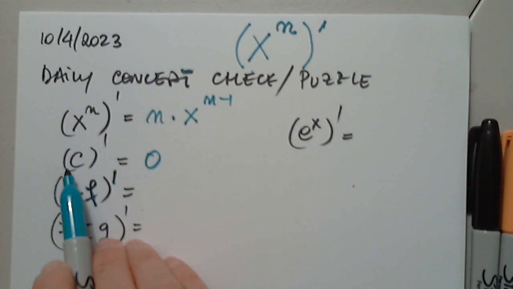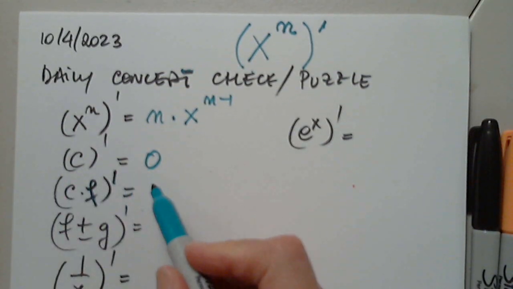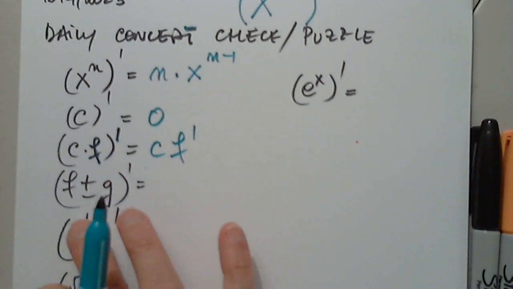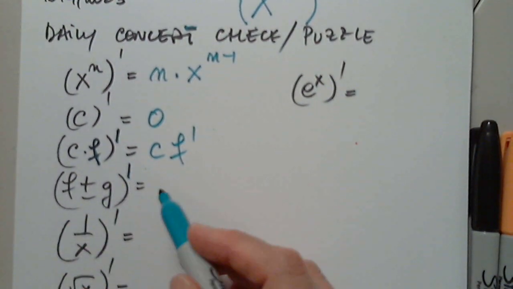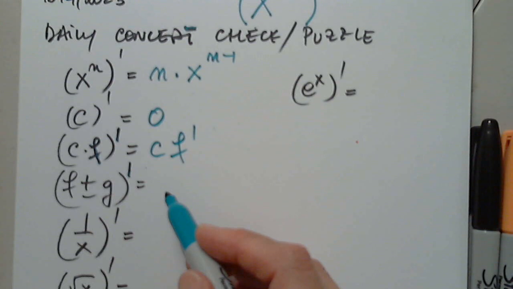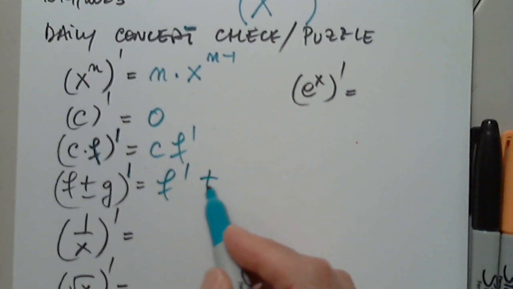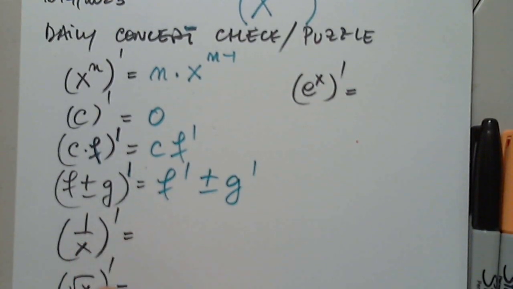C is a constant. C is a factor. Oh, it's just C times F prime. Perfect. Okay. F plus or minus G prime. That's just F prime plus or minus G prime. Perfect. 1 over X prime.